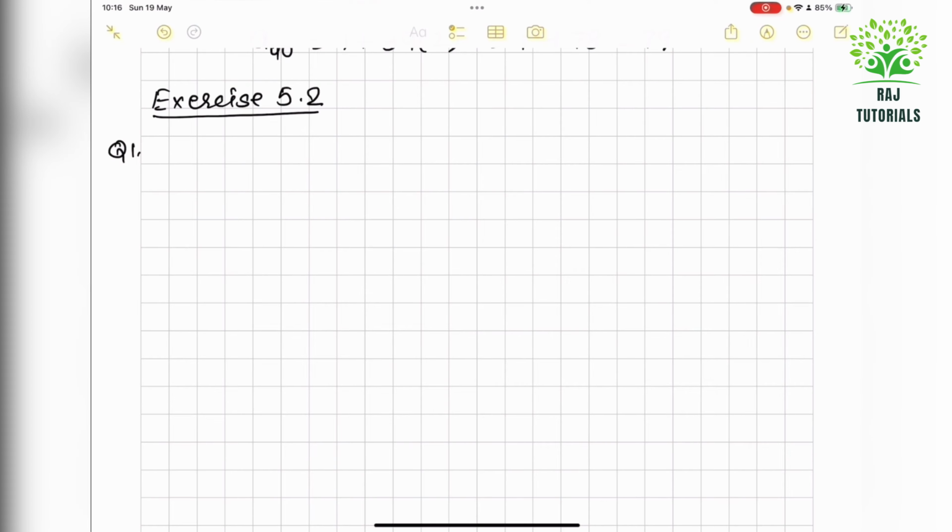Now exercise 5.2. The first question says, fill in the blanks in the following table, given that A is the first term, D is the common difference, and AN the nth term of an AP. In the first one I am given A equal to 7, D equal to 3 and N equal to 8, and I have to find AN.